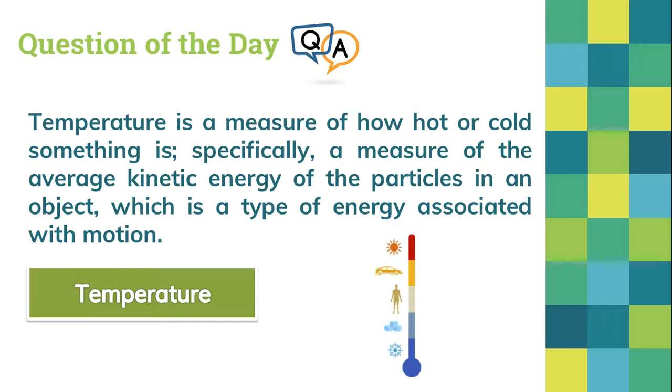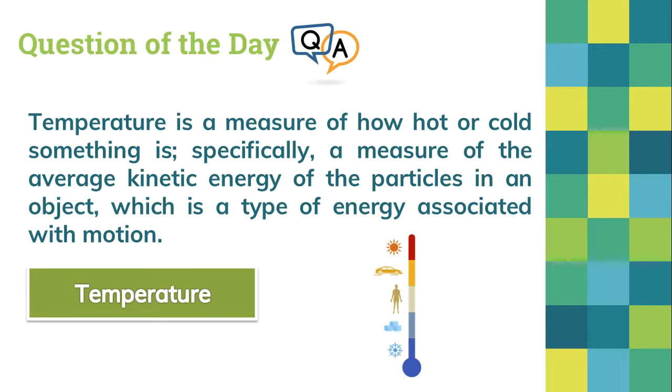Specifically, a measure of the average kinetic energy of the particles in an object, which is a type of energy associated with motion. We already know that this type of energy associated with motion is what we call kinetic energy. Now, when we talk about that kinetic energy regarding the particles, we're talking about thermal energy.